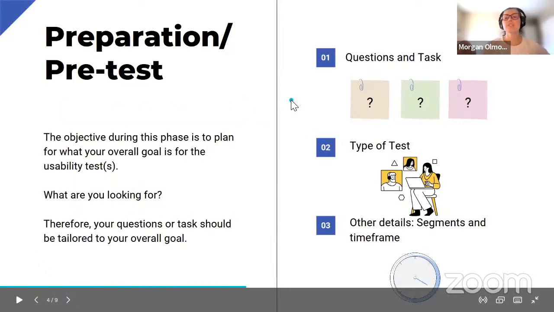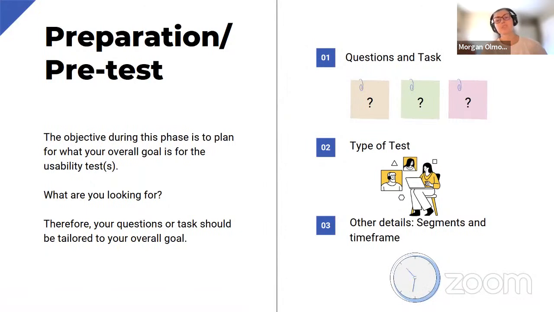Okay, so preparation, let's talk about before you actually even get started with the usability testing, because that's very important. Making sure to dedicate time for what your overall objective is for the test is crucial. Essentially, what are you looking for? What are you hoping to accomplish?